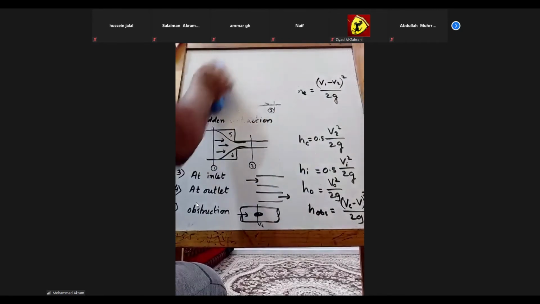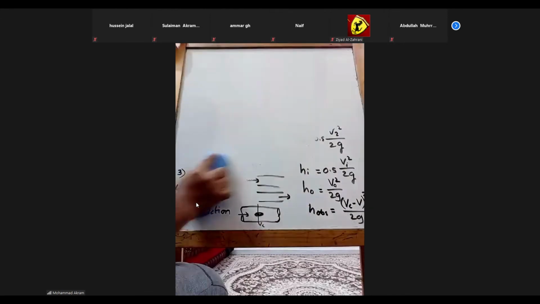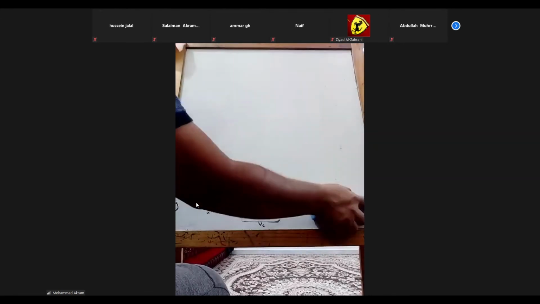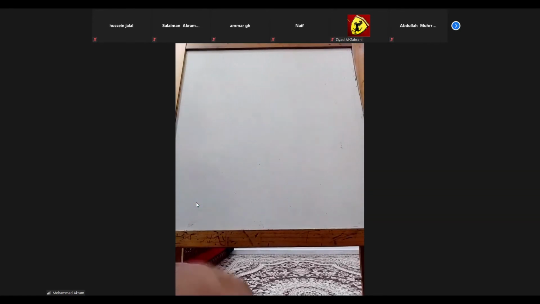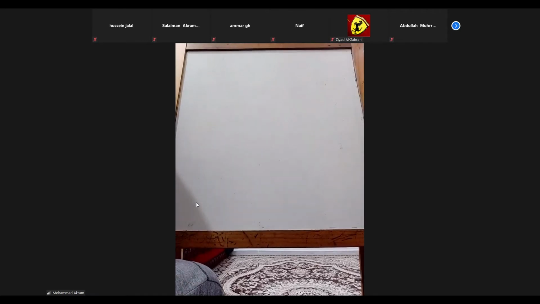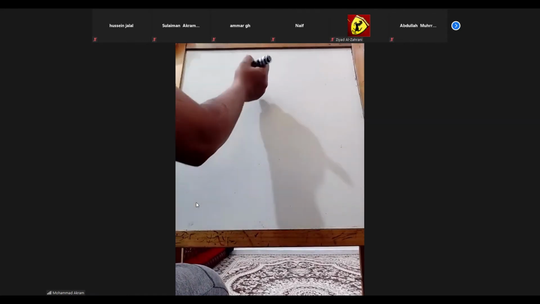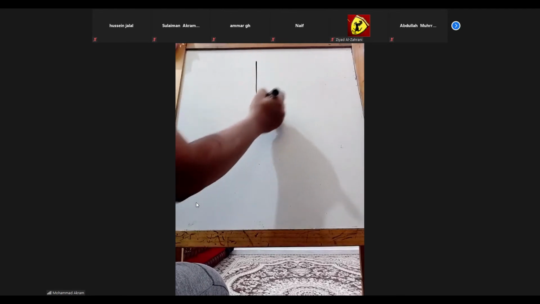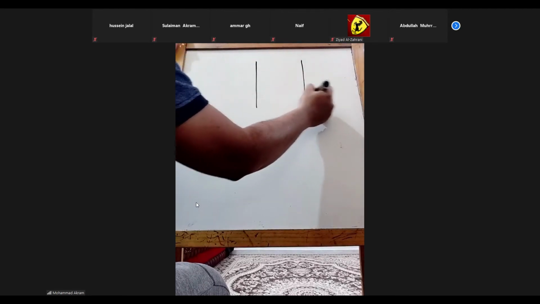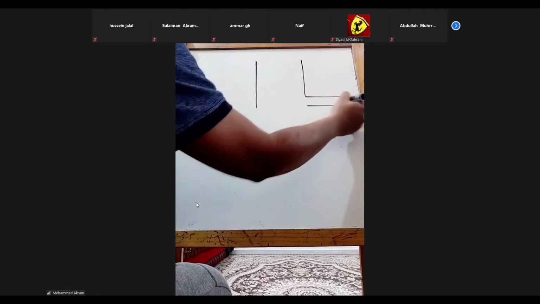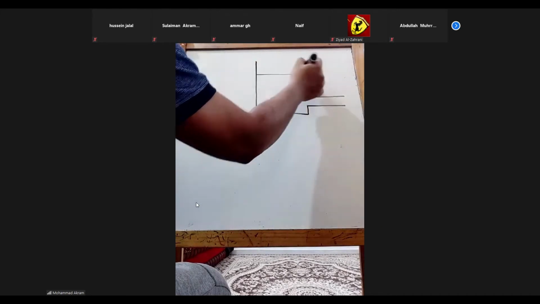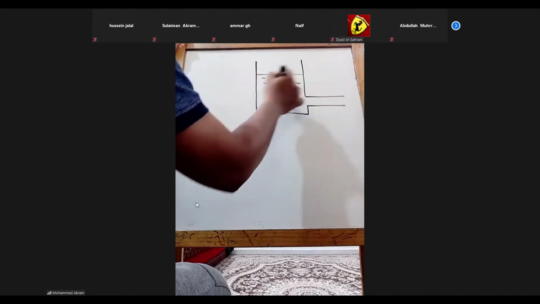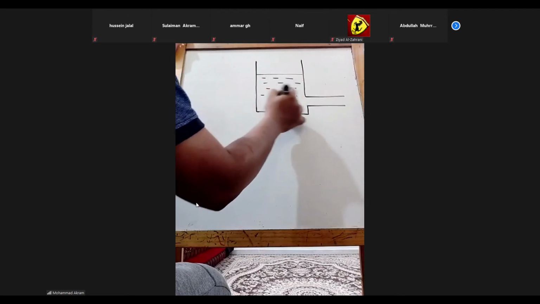If you have read the question, please tell me the values. So there is a tank, and this is say full of water. Is it mentioned water?